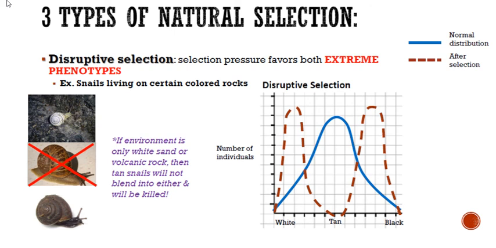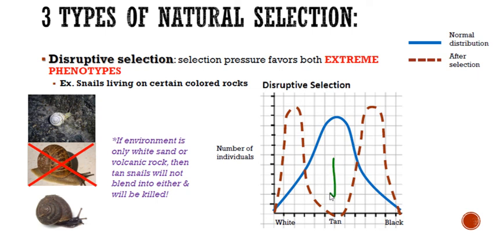Disruptive. This is our final possibility, is we are favoring both extremes. If this is like incomplete dominance or codominance, we are favoring homozygous, and the heterozygous is selected against.